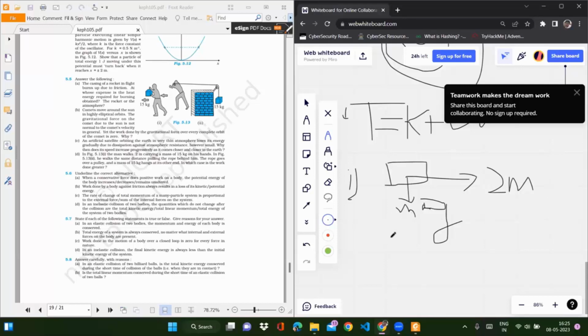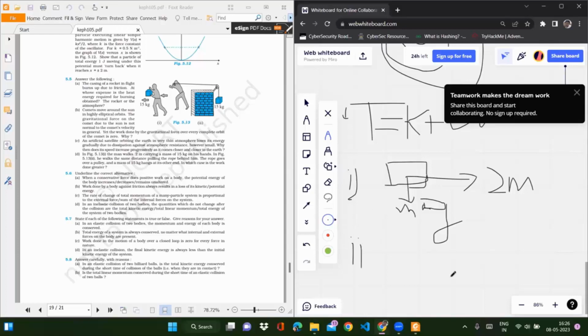So the work done on the body due to this gravitational force will be zero, as the angle between the force vector and the displacement vector is 90 degrees, and cos 90 is zero. So the work done in this case will be zero.